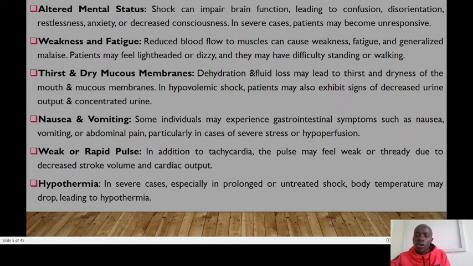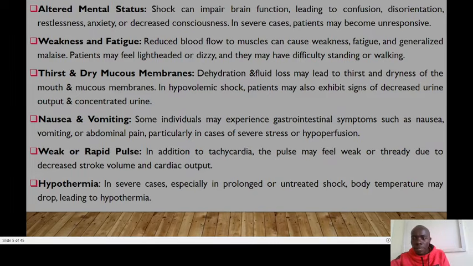Also, other organs are affected. If you have reduced perfusion to the brain, it will lead to altered mental status, so the patient is going to present with confusion, disorientation, restlessness, some signs of anxiety and also decreased consciousness. And sometimes in the extreme, they end up being unresponsive.